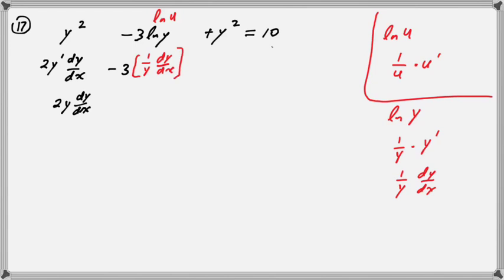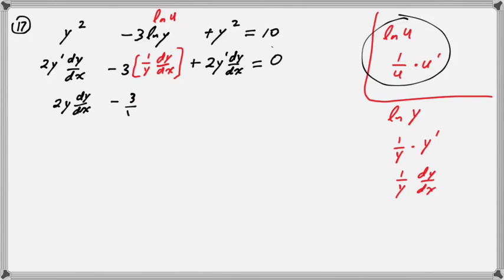That becomes 1 over u times u prime, because that's the rule for the derivative of the natural log. Power, base, 1 less power, derivative of base. Because it's a y, you put dy dx. Derivative of a constant like 10 is 0.